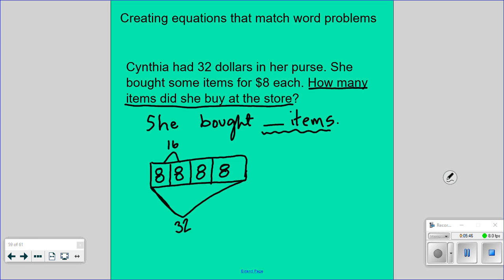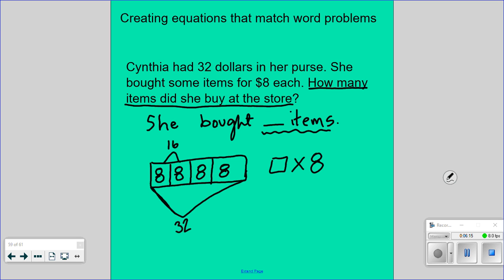So I'm going to put box times, because I did not know the number of groups, and that first number in my equation tells me my number of groups. So I have mystery number of groups, and each group is $8 each.